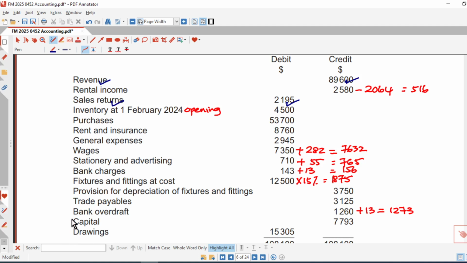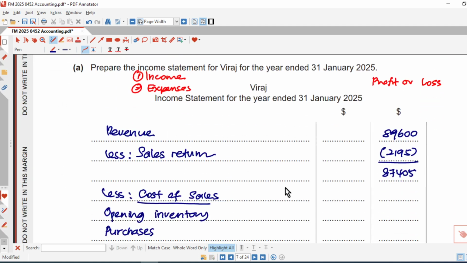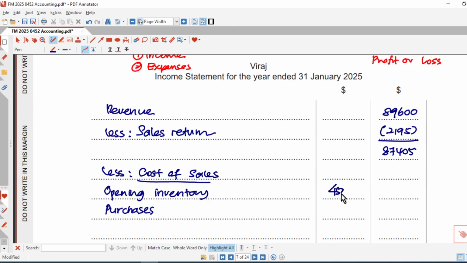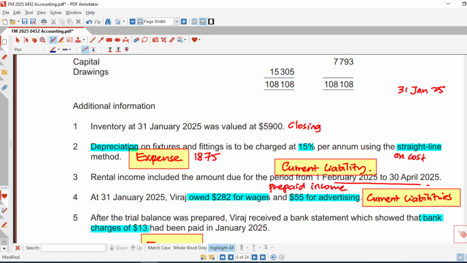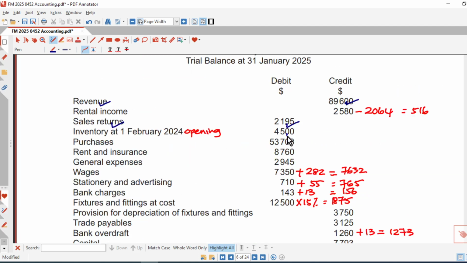Alright, so I think we have none of that. So we're going to park in our figures here. Opening inventory, 4,005. This was not sold last year, so we bring it in to this year to sell it. That's why we add it to the cost of sales. For purchases, I have $53,700.